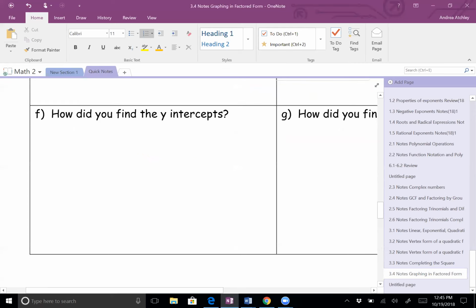How do you find the y-intercept? Does anyone have an idea of how we find the y-intercepts? Okay, Blake, how do you find the y-intercept? Very good. Where it crosses the y-axis.